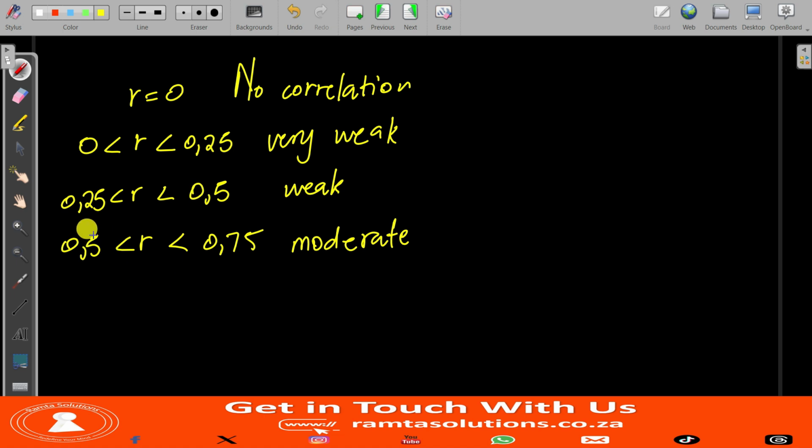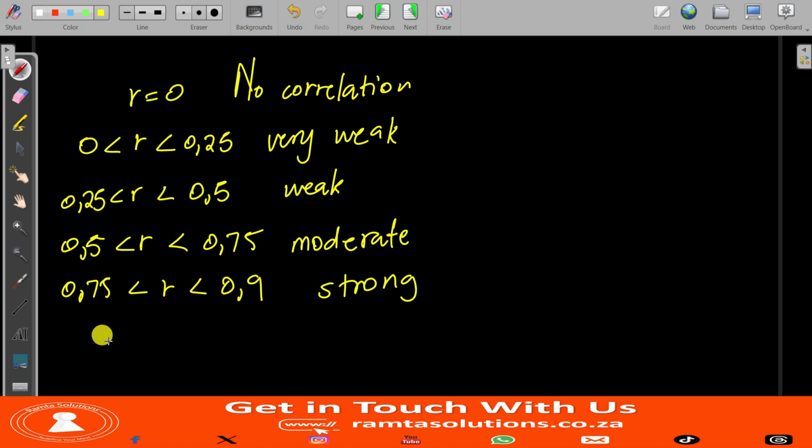Perfect. Now, let's imagine what happens when this R is greater than 0.75 but less than 0.9. This is when we will say it is strong.